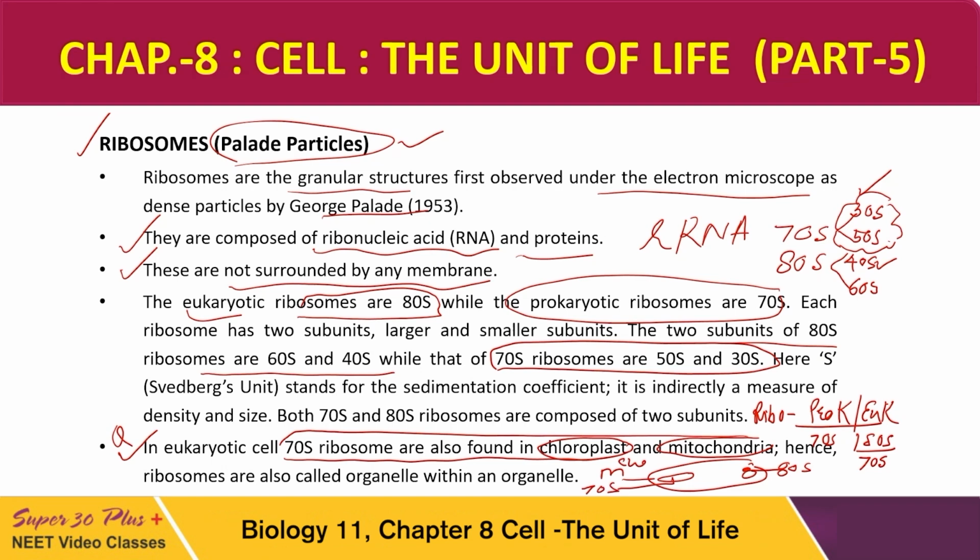I repeat, in eukaryotic cells 70S ribosomes are found in chloroplast and mitochondria, and 80S is found in cytoplasm. Therefore, these are called organelle within organelle. Mitochondria and chloroplast are organelles, and inside the organelle, another organelle is found, that is 70S ribosome.